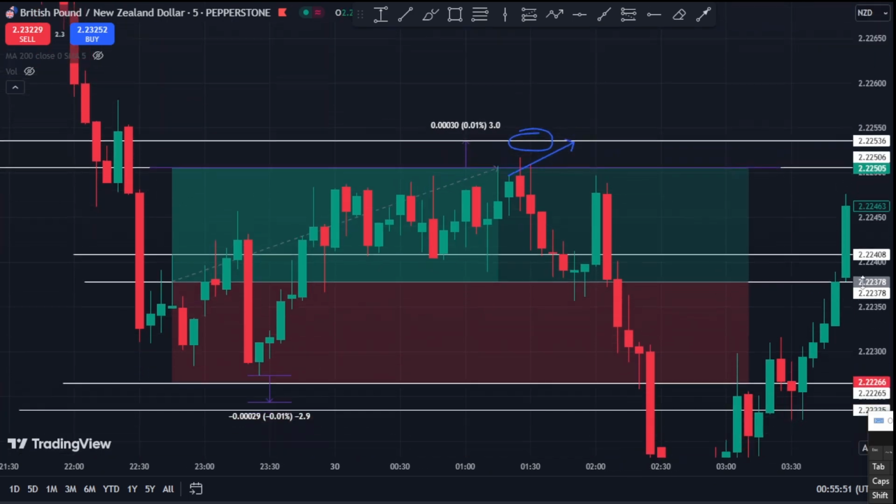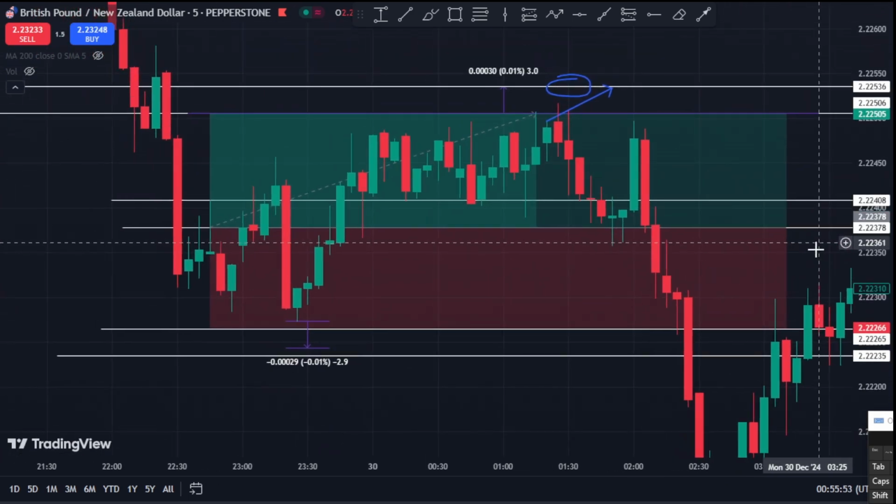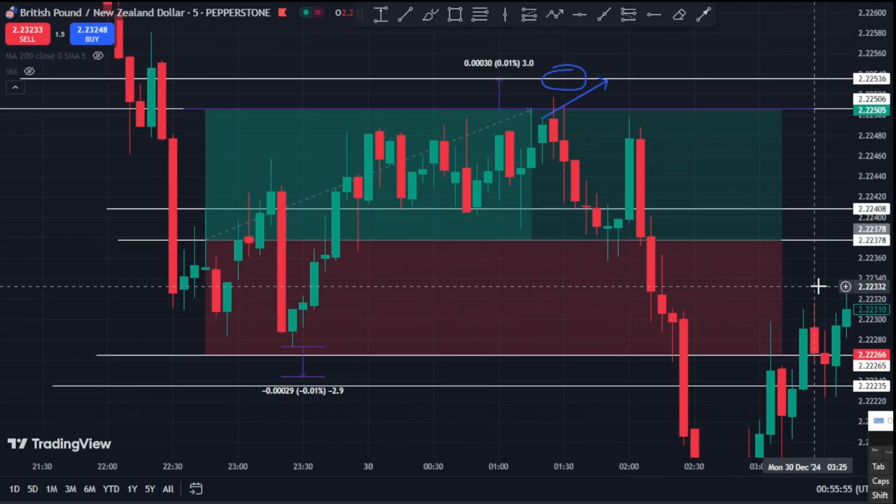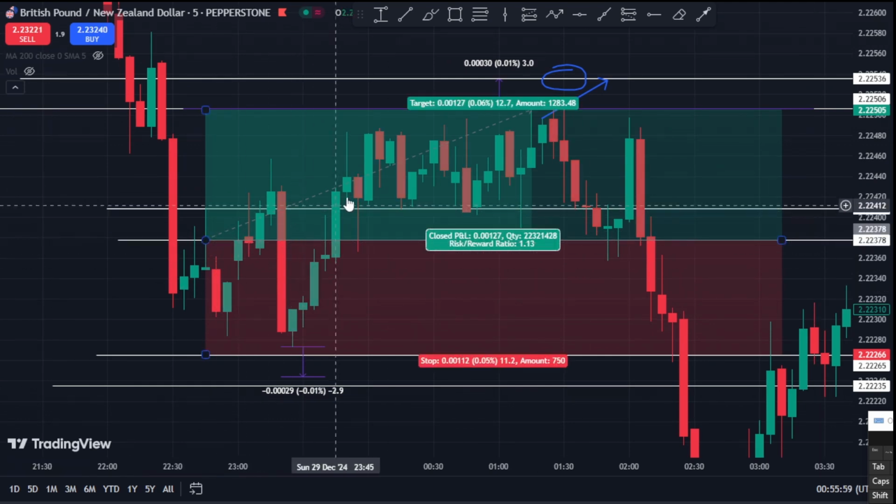So that is the effect of spreads in trading, and that's why you need to incorporate it into your trading.